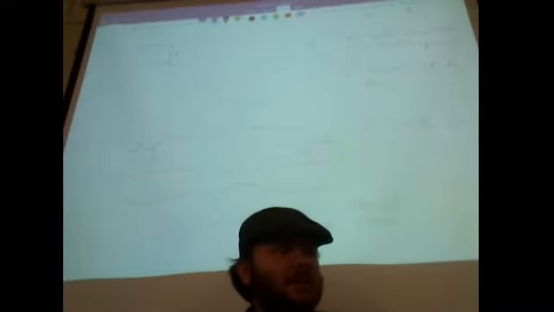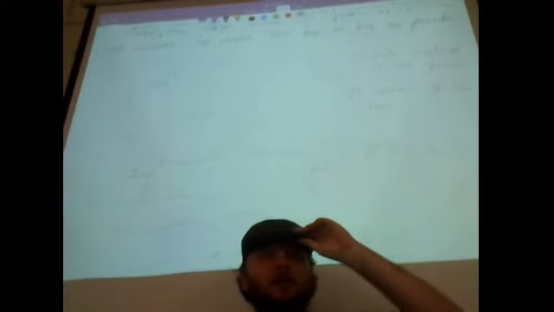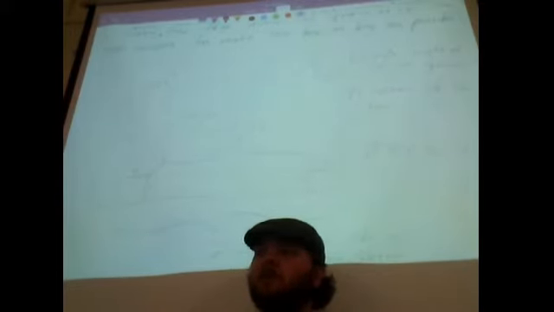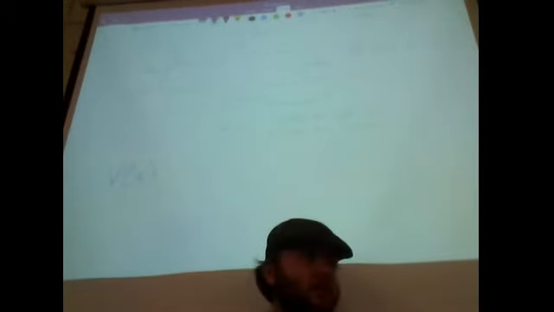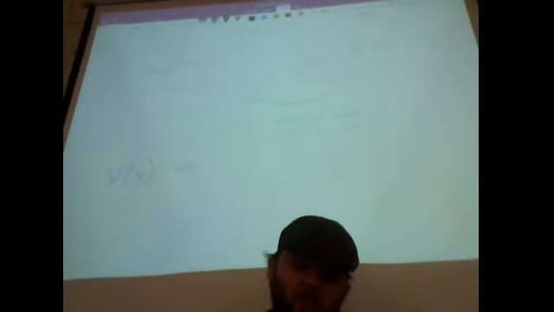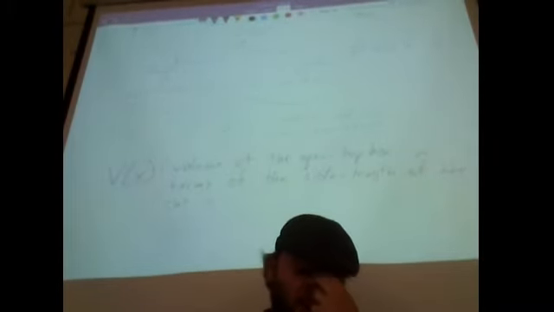So let's make an equation. And I've already kind of done it. I have x and V, right? V in terms of x. V of x, which is the volume of the open top box in terms of the side length of the cut out square.